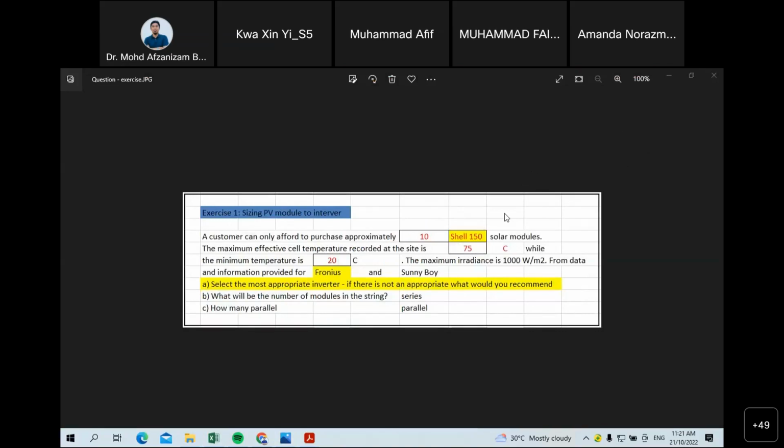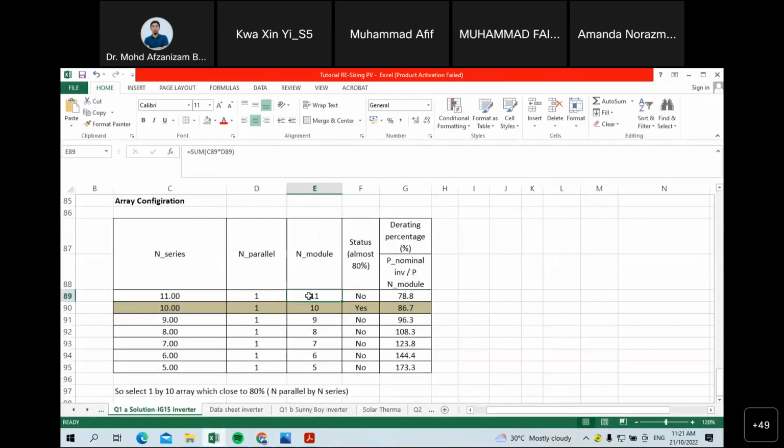So if we only have 10, how can we install 11? The most appropriate arrangement, the closest, is 10. This one cannot be done because in the question we only provide 10 modules instead of 11. Right? Okay, happy, Kwa, happy.